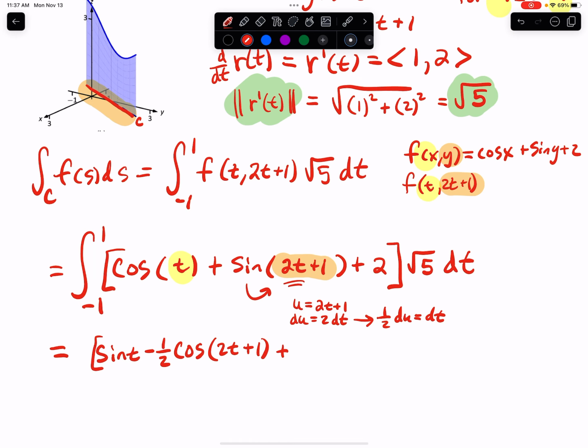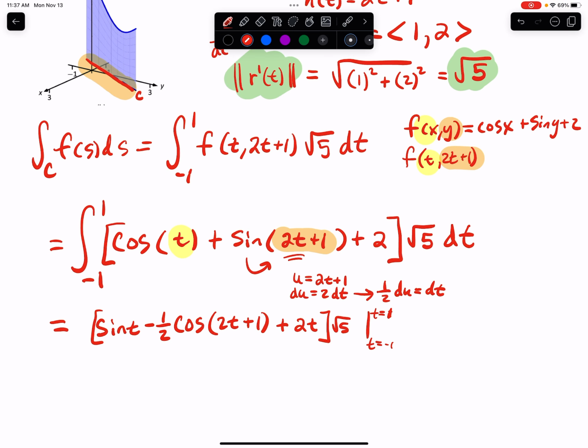Okay, and then the integral of 2. What is the integral of 2? Well, I think we can figure that one out. That's 2t. All right, all that is multiplied by the square root of 5. And I evaluate from t equals -1 to t equals +1.